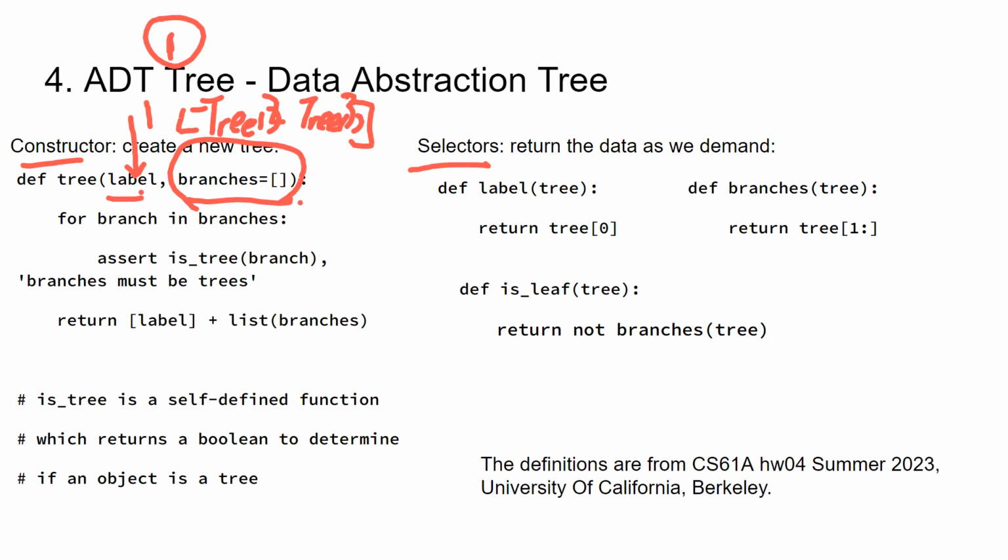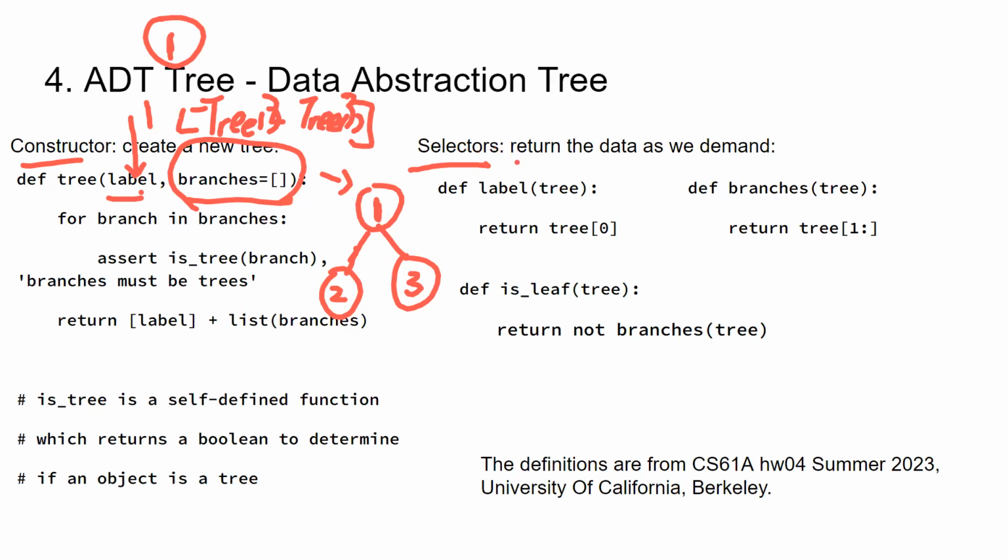So this will return a tree of this type: 1, 2, and 3. So 1 is the parent node of 2 and 3, and 2 and 3 are leaves. They do not have branches. They are connected to 1, so 2 and 3 are the children nodes of node 1. So yeah, this is how we create a tree.